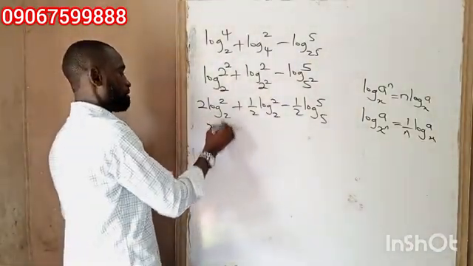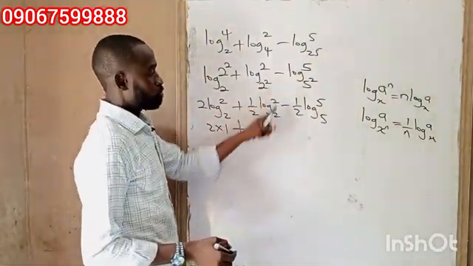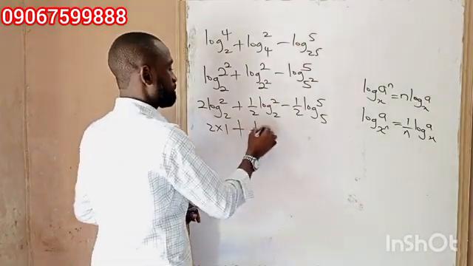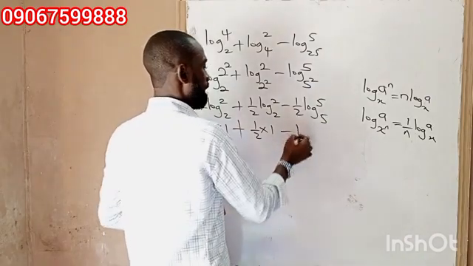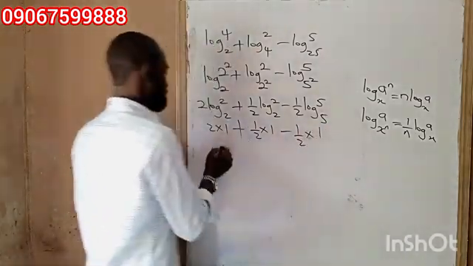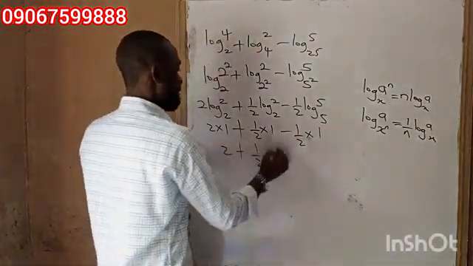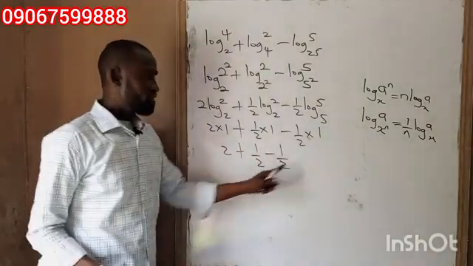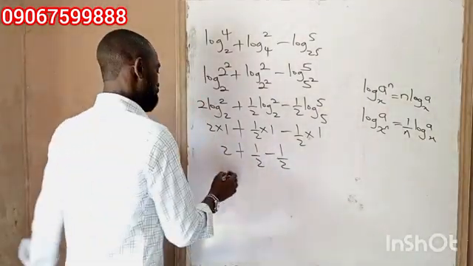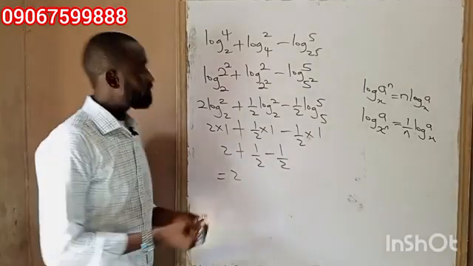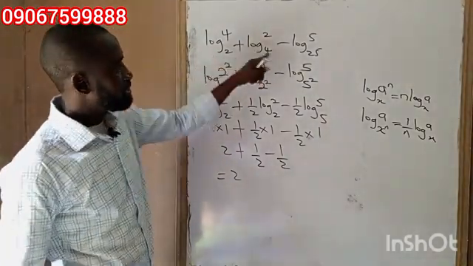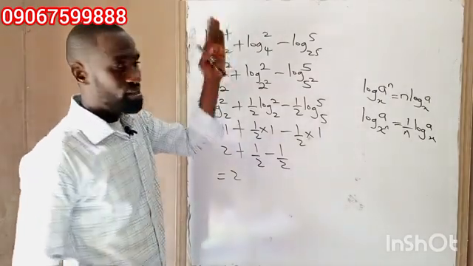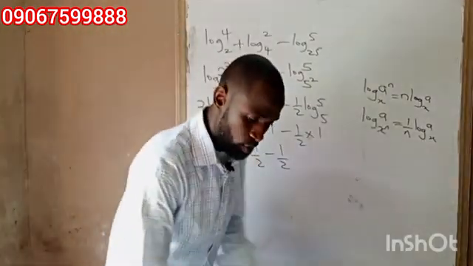This will be 2 times 1 plus half times 1 minus log 5 base 5, which is 1, half times 1. So this is 2 plus half minus half. Half minus half will give us 0. So our final answer here is 2. If they don't have the same base, you just solve it separately, one by one.